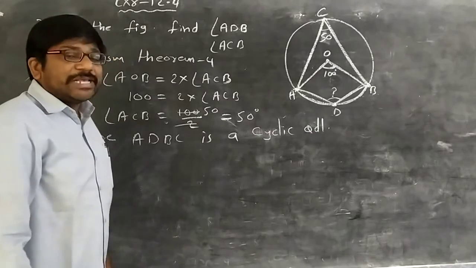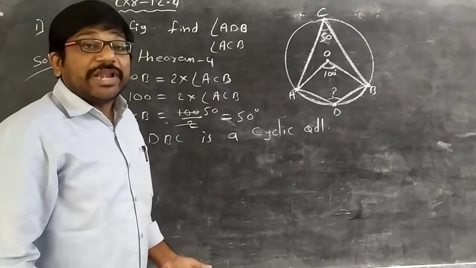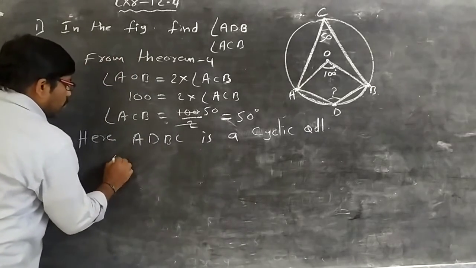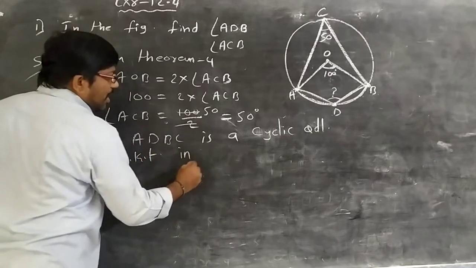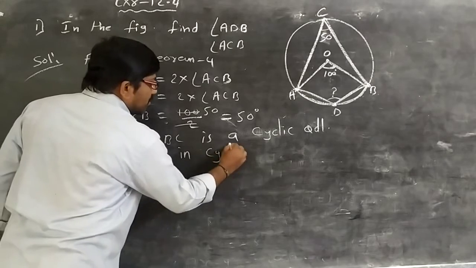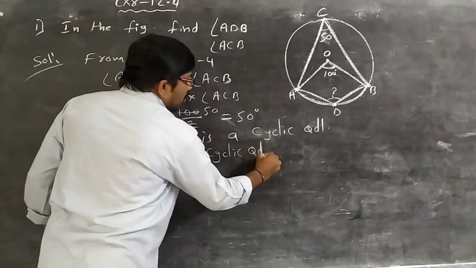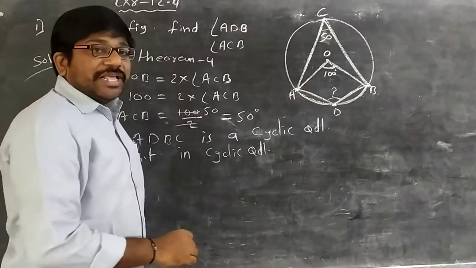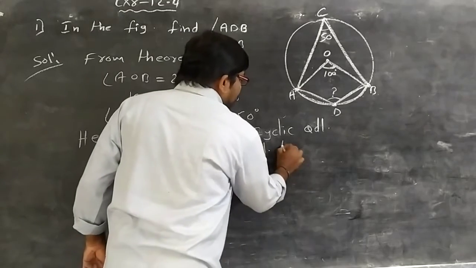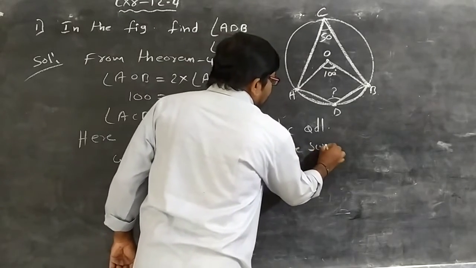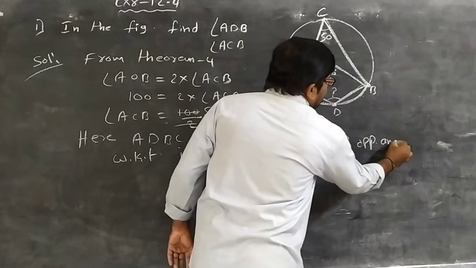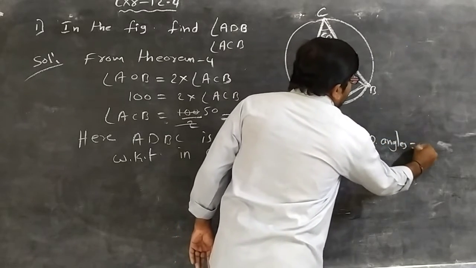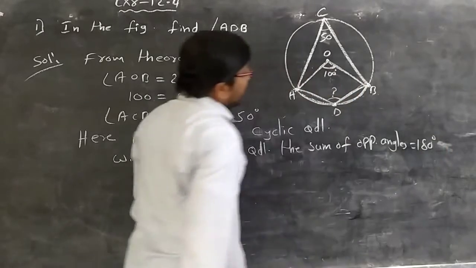It means the sum of opposite angles is equal to 180 degrees, right?